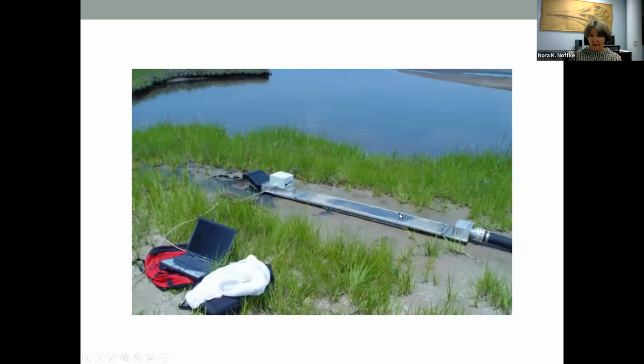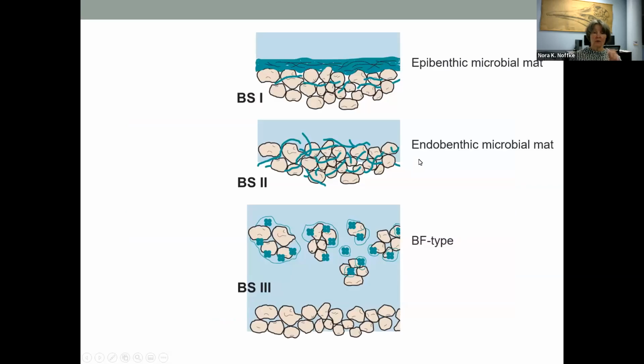And we were measuring that in the field with our portable flume jumper. So we created an artificial current crossing different types of microbial mats in the field. And we were measuring the start of erosion with a laser instrument digitally. And what we found out was that there are actually three main types of biostabilization.